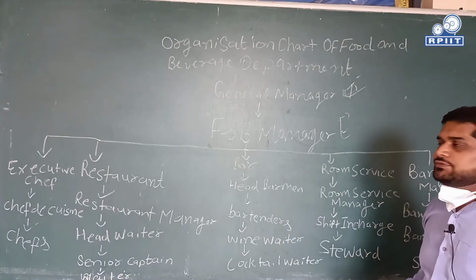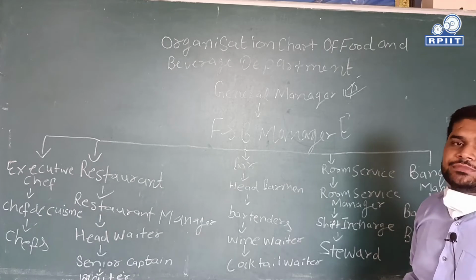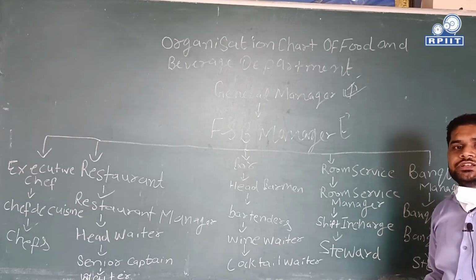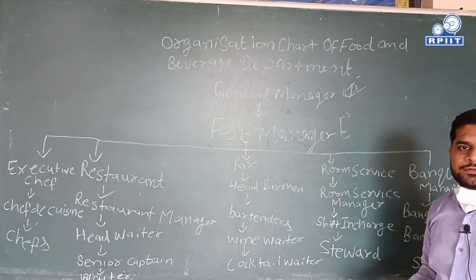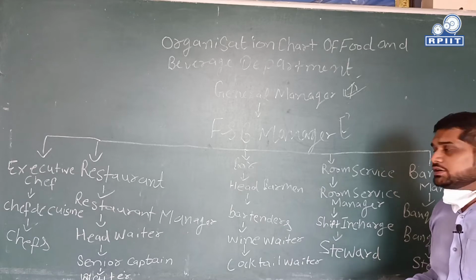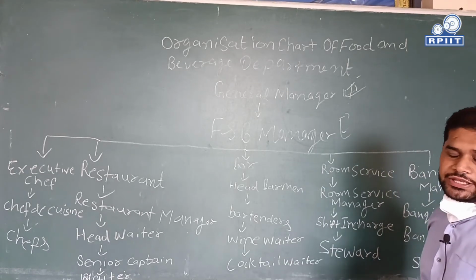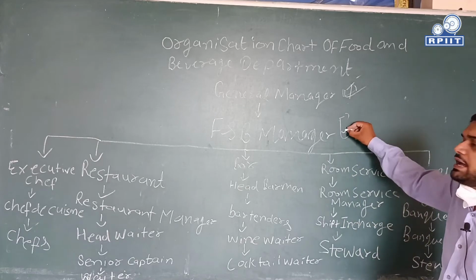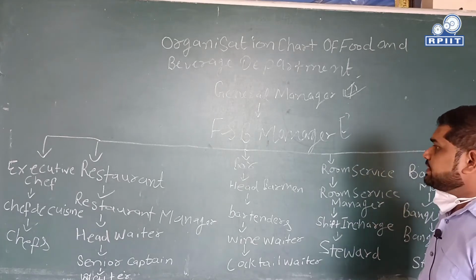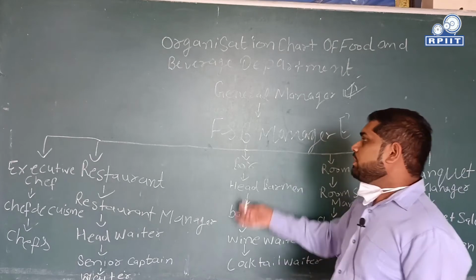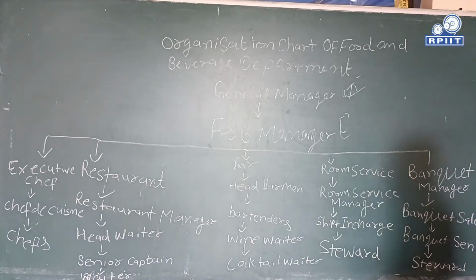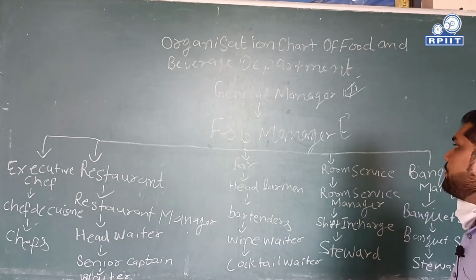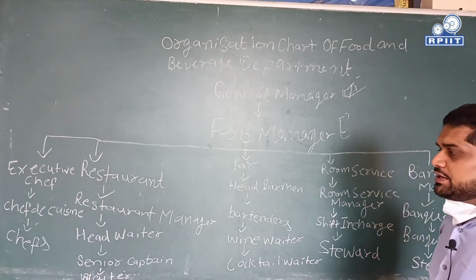All these works are done by the F&B manager, who also controls the staff, planning work and directing work. The F&B manager is the head of the F&B service department.